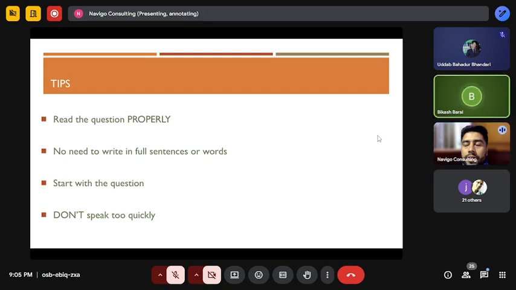If you see the tips, it mentions read the question properly. Or I think we need to hear, right? No, we cannot read. I think it is speaking, right? This is speaking, but in listening, you are going to hear. In the speaking section, yes, the examiner will ask you questions, but the examiner is going to ask you questions in part one and part three.